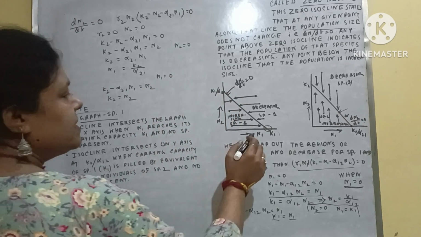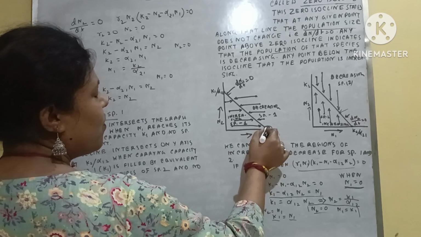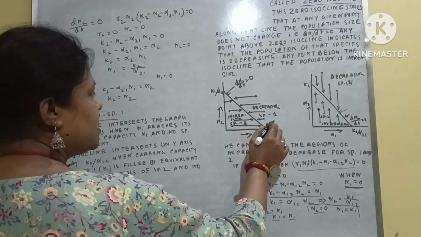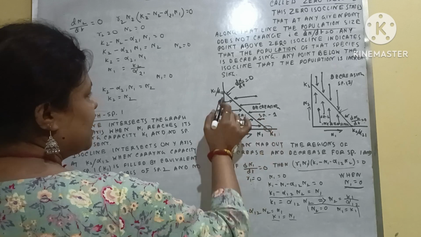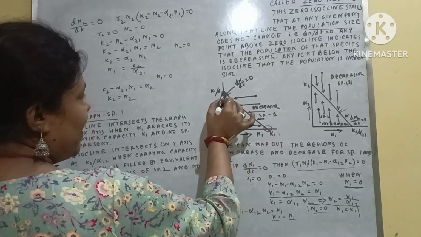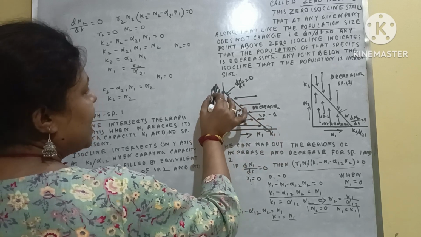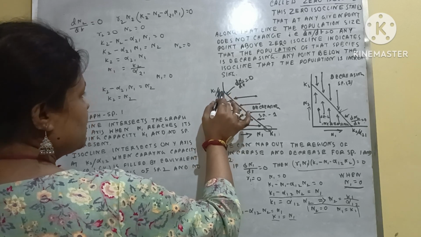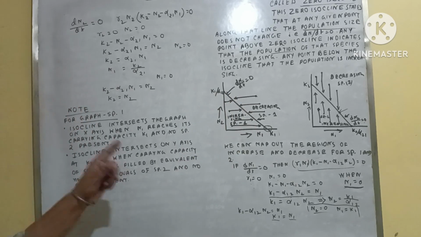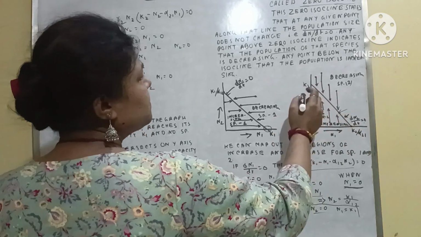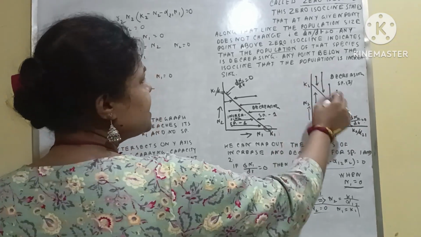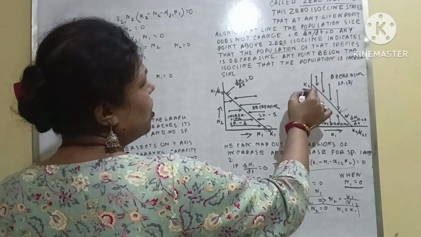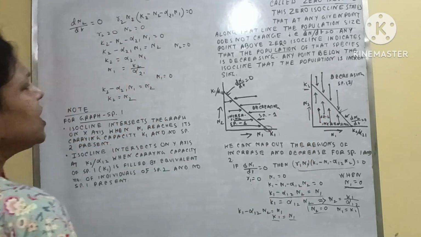Clear? So that means on the x-axis the carrying capacity is K1, and here no species 2, but in the y-axis where it intersects, the value is K1 by alpha 1 2, that means here no species 1 is present. Same thing here: this line intersects on the y-axis where the carrying capacity is K2.